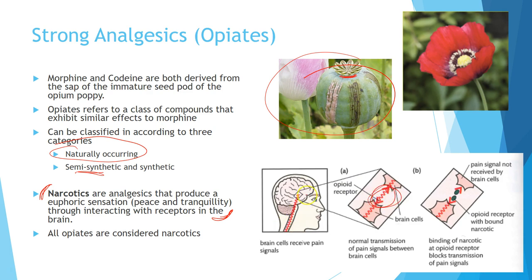Usually pain will come up, trigger these opioid receptors, and the signal is transferred. However, when we use opiates or strong analgesics, they bind into the receptor, blocking the transmission of that pain signal from cell to cell. And this is happening in the brain, not at the site of the pain. So it's blocking transmission of the pain signals by binding of the drug to the opioid pain receptors in the brain.